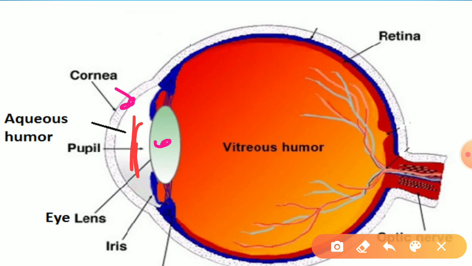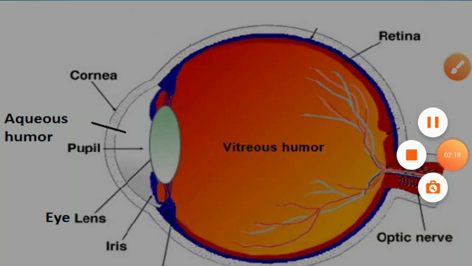The dark colored muscular assembly present just behind the cornea is known as iris.